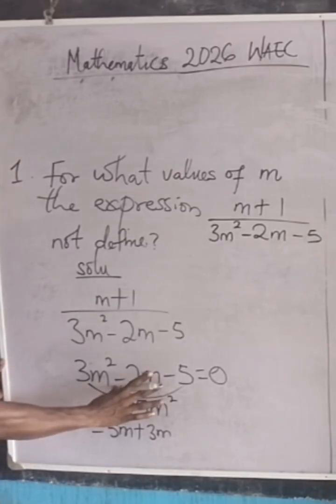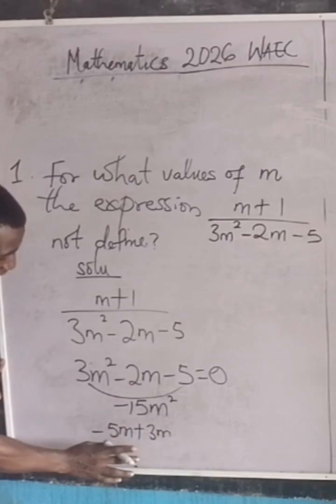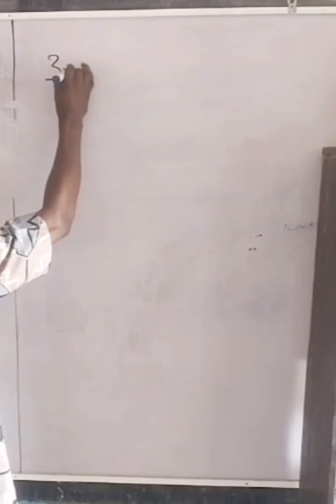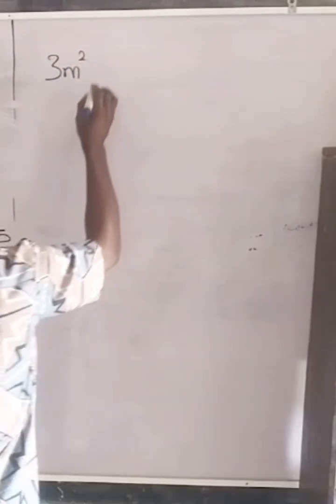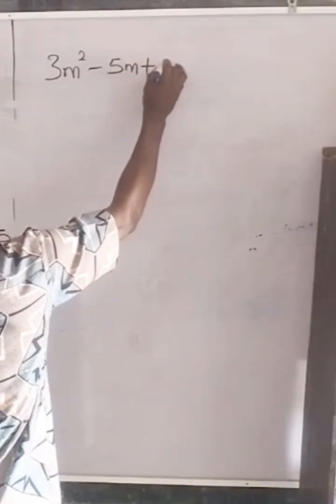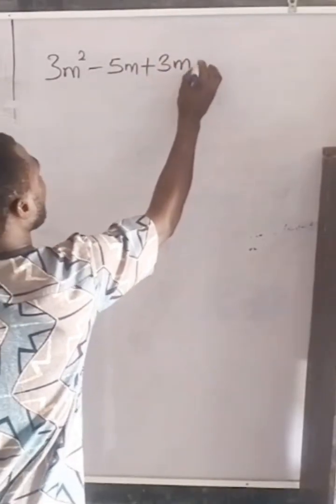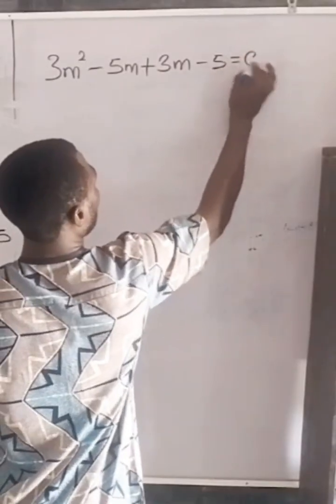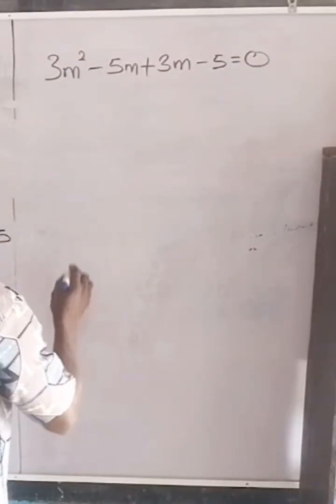Now we are going to replace the value of minus 2m with minus 5m plus 3m, and by doing so we are going to have 3m² - 5m + 3m - 5 = 0.